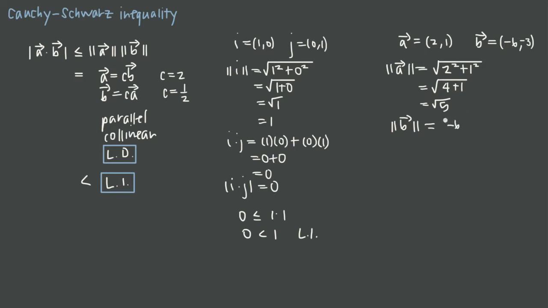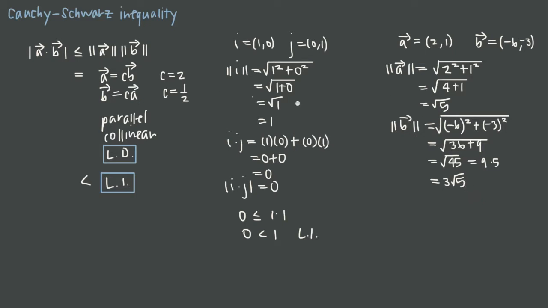So we'll say -6 squared plus -3 squared, and then take the square root of that value. We'll get the square root of 36 plus 9, or the square root of 45. Remember that 45 is the same as 9 times 5. So this is really the square root of 9 times the square root of 5, and the square root of 9 is 3. So this is equal to 3 times the square root of 5.